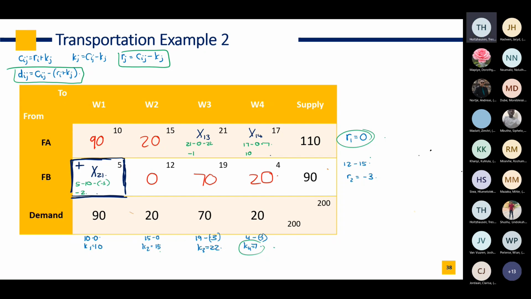And that means we have to go through the whole process of making sure our constraints are met again. So if we increase x21, to keep our demand being met, we're going to have to decrease this one over here. At the moment, we don't know how much we're going to decrease it by and increase that one by. At the moment, we're just focusing on, we increase here, we're going to decrease there.